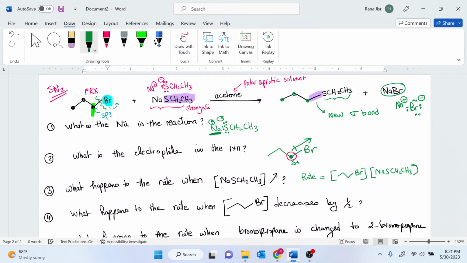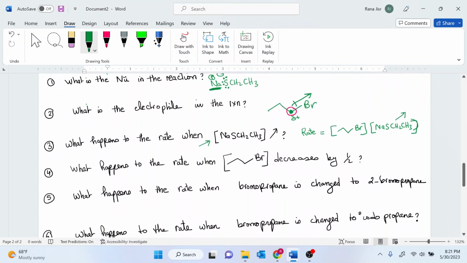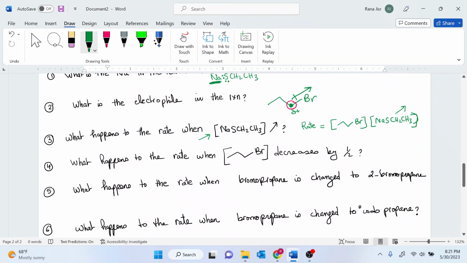So if the concentration of the nucleophile increases, then the rate is going to increase. If the concentration of the alkyl halide decreases by half, then the rate is going to decrease by half.